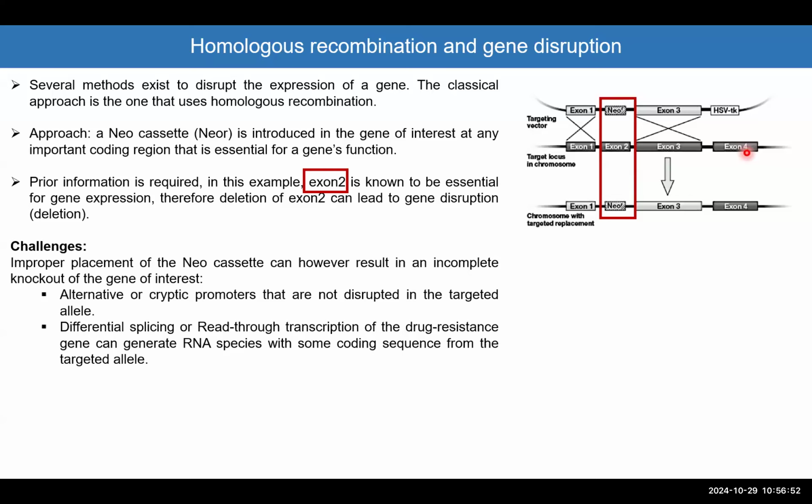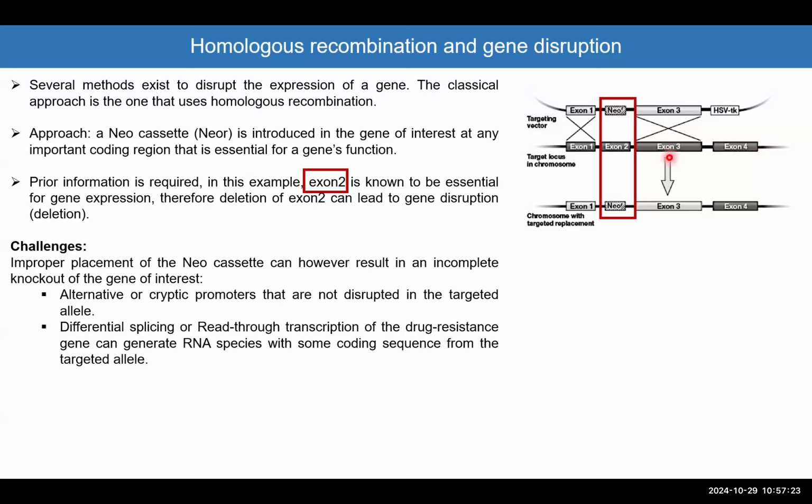Recall that we said the cDNA can make exon 1, 2, 3, and 4, so this is one isoform. In certain cases, and most of the time this happens, if you remove one part of the genomic DNA, the gene will be destabilized. So it will not be stable anymore, and therefore it will be deleted. So we take advantage of that.